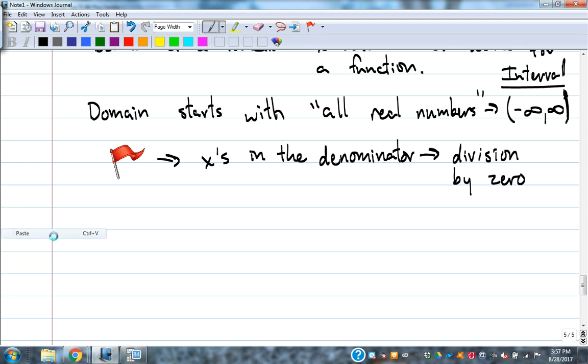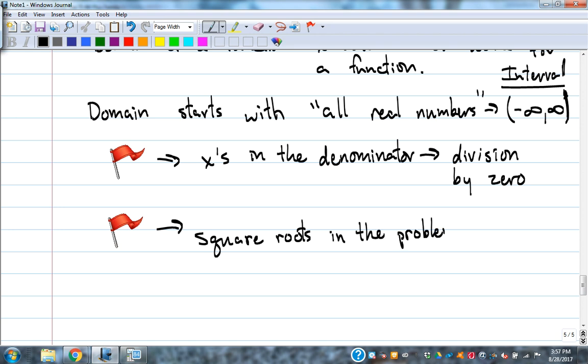The other red flag, he said the other. That means there's only 2. The other red flag are square roots. And when we're taking square roots, what kind of square roots make weird things happen? Negative numbers in there.